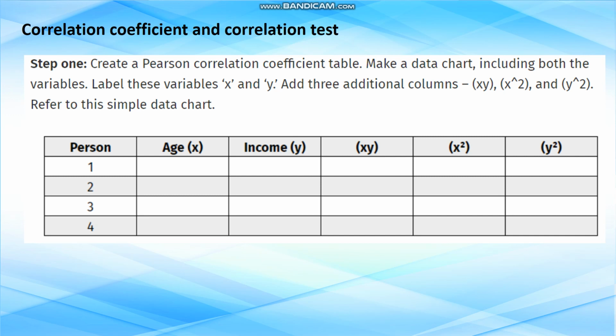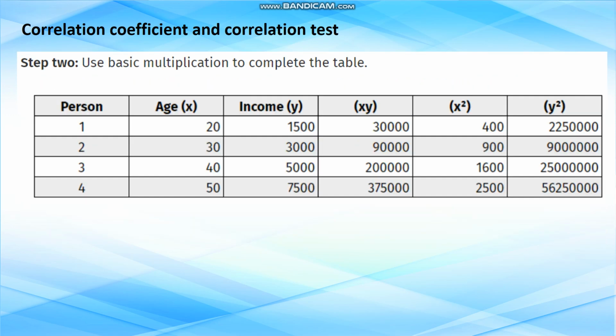You make a data chart including both variables, label these variables x and y, and add three additional columns: xy, x squared and y squared. Then you put the data into the table and use basic multiplication to complete the table. You compute xy, x squared and y squared.